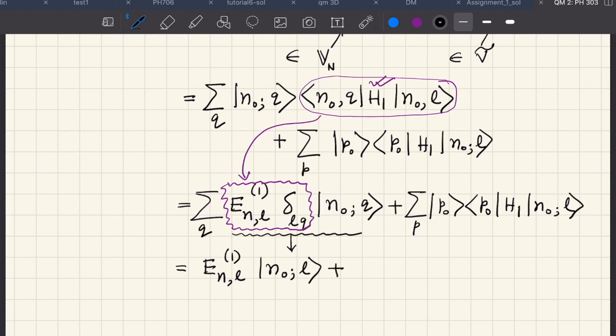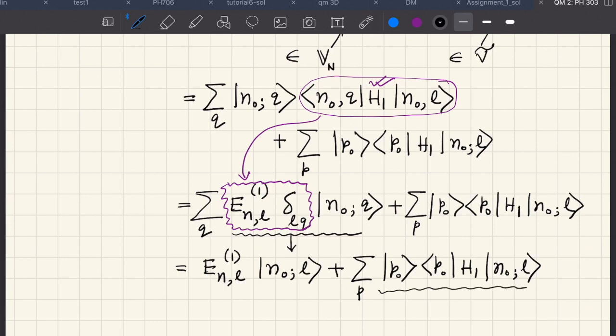Plus, of course, this will remain: P naught, P naught H1 N naught L. This whole object is actually along V tilde. Let me call it equation number 14.